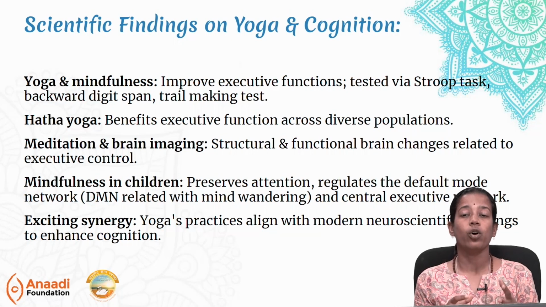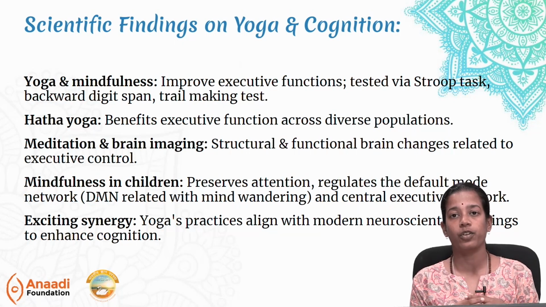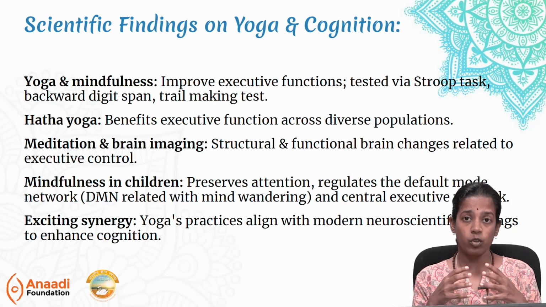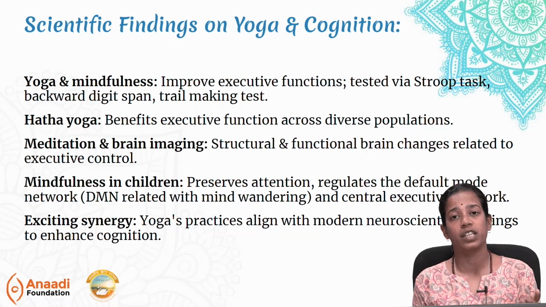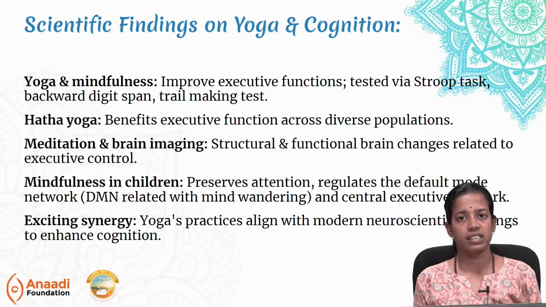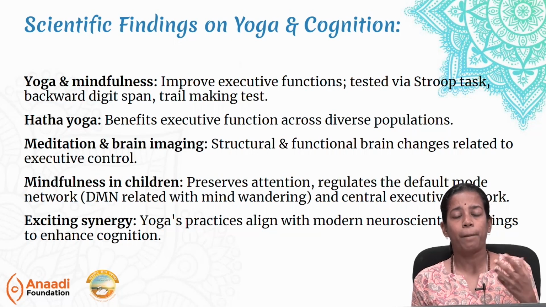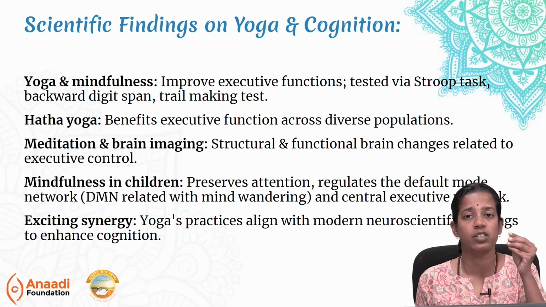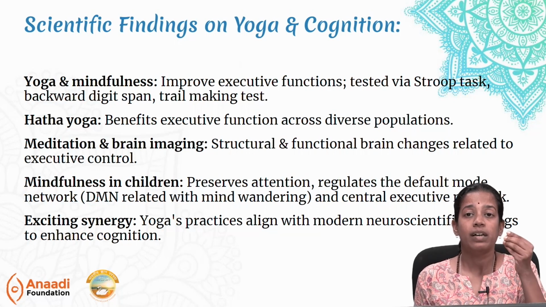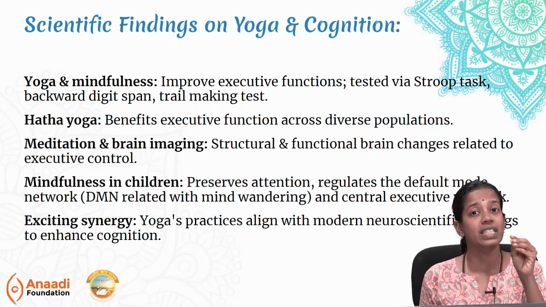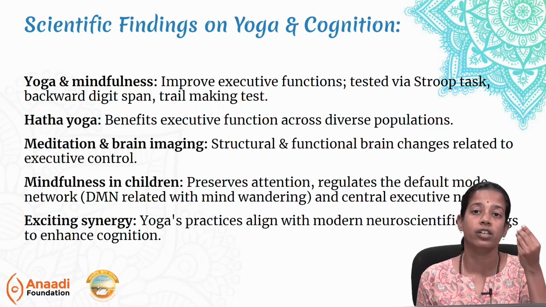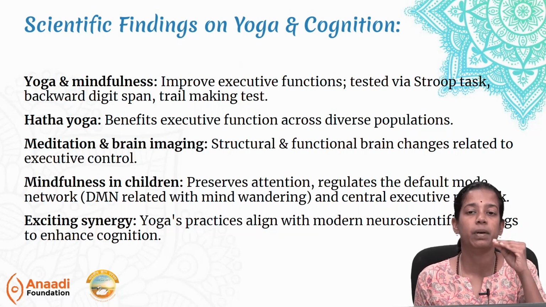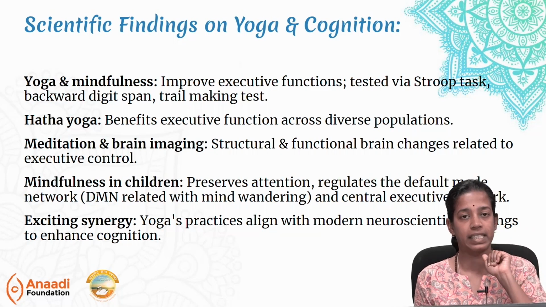With yoga and mindfulness, yoga definitely improves executive functions. This can be measured using tasks such as the Stroop test, backward digit span and trail making test. These research instruments are useful to measure whether executive function has increased, and thereby whether cognition has increased through a specific yogic intervention. There has been enough and more proof along these lines.